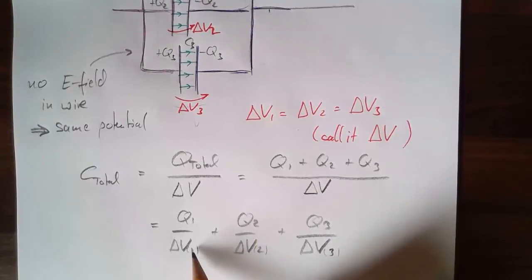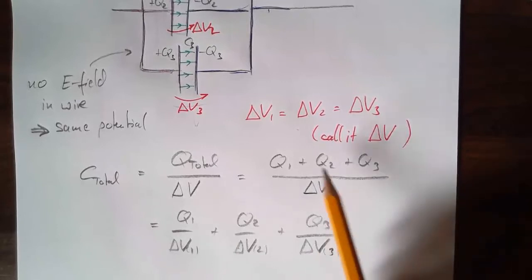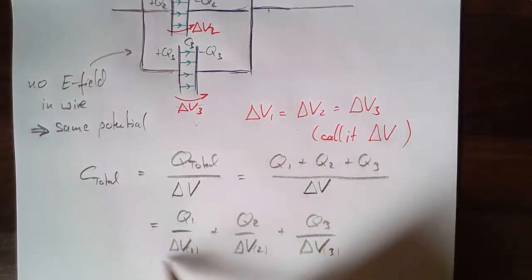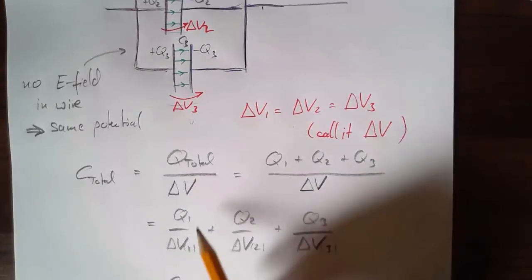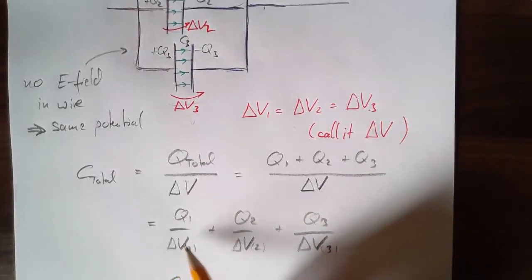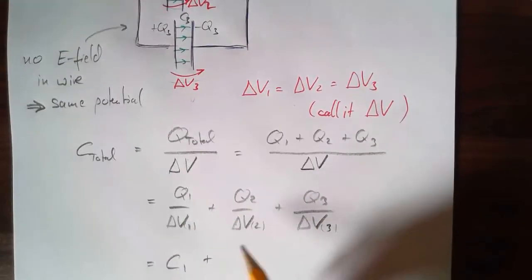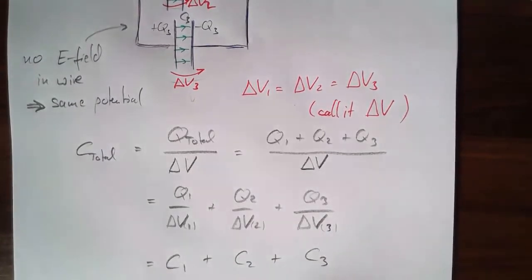This is the same as this, the same as this, the same as this. This is why I can write this expression as this expression here. But by writing it with the subscript, we can very much see that this is just C1, charge on capacitor 1 per voltage across capacitor 1, plus C2 plus C3.